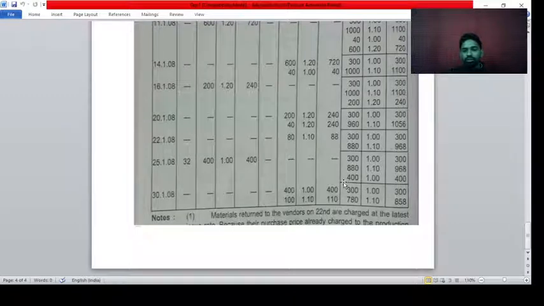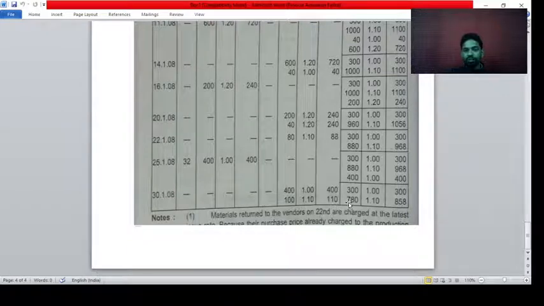Now we use the LIFO method. We have to issue 500 units. Take the 400 first at the rate of 1, it's 400. Still 100 is required, take 100 from this 880 lot at the rate of 1.10, total amount 110.